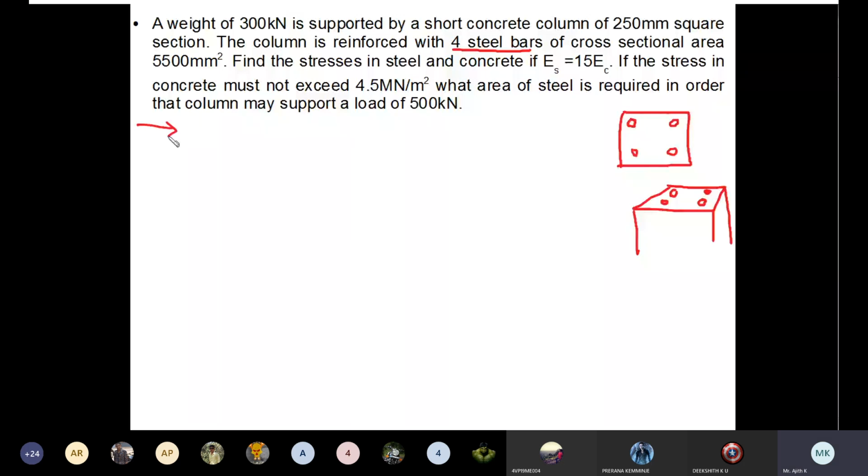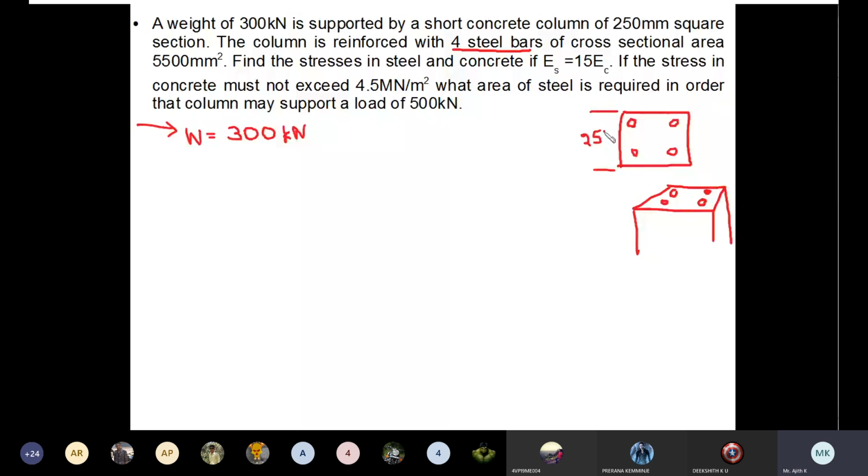Given values, W is equal to 300 kilonewton. It is supported by a concrete column of 250 square section. 250 square section means this side is 250.